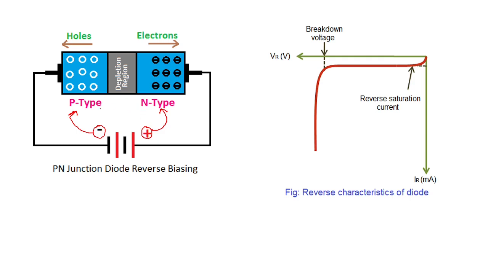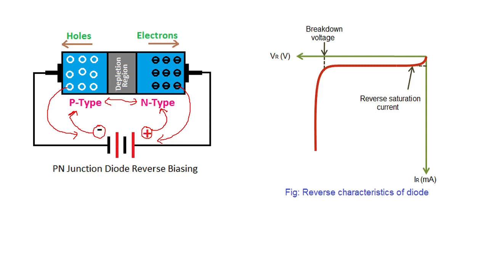Now this is going to attract the majority charge carriers back towards the battery. That means in p-type the holes are majority charge carriers. These are attracted over here because holes are positive charge particles, and in n-type, electrons are negative charge particles, they will be attracted here, and the depletion layer in between is increased.